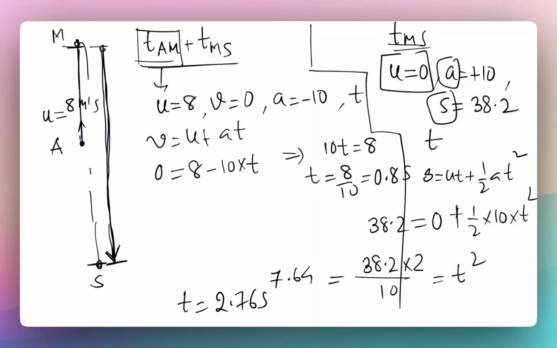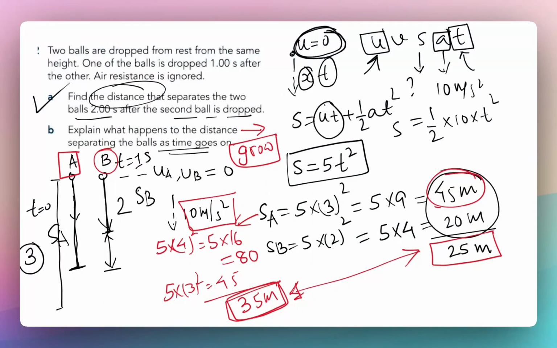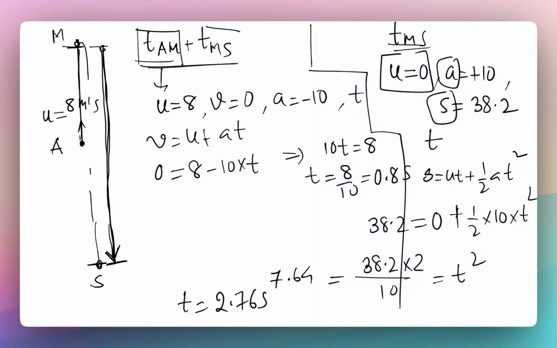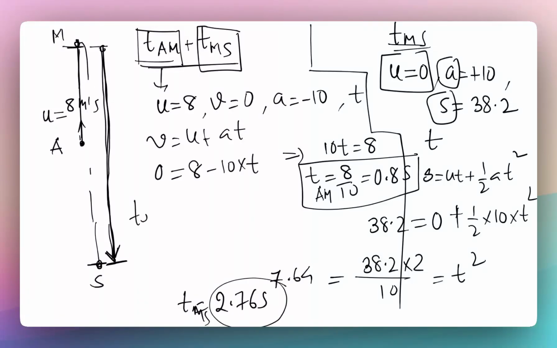So how much is the total time, is what we have to find. The total time is going to be the first time which we found, time A to M, right? And this was 0.8 seconds, from A to M, sorry. And then the time from M to S is 2.76. The total time in the air is going to be 2.76 plus 0.8 seconds.